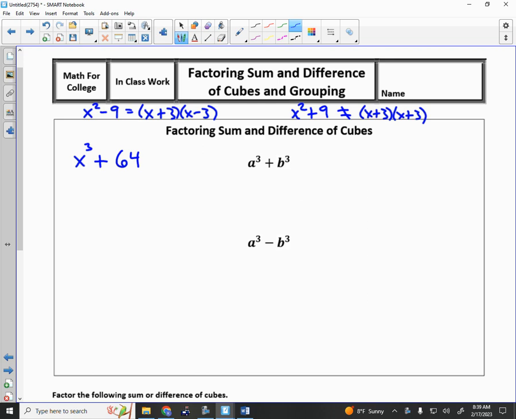This is a big mistake that people often make as they encounter these type of problems. They see x squared minus 9, they factor that. They see x squared plus 9, they factor to x plus 3 times x plus 3. That doesn't work. If you take x plus 3 times x plus 3, you get x squared plus 6x plus 9. That's not x squared plus 9.